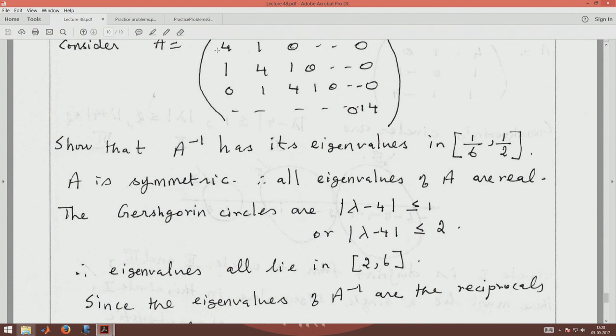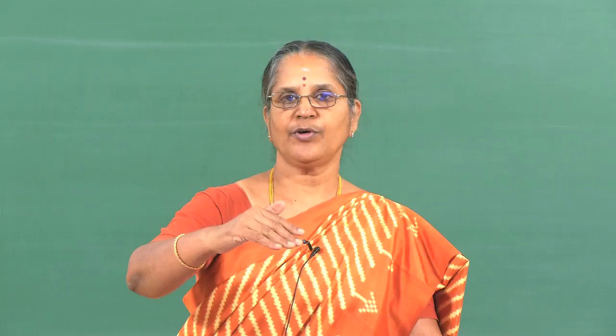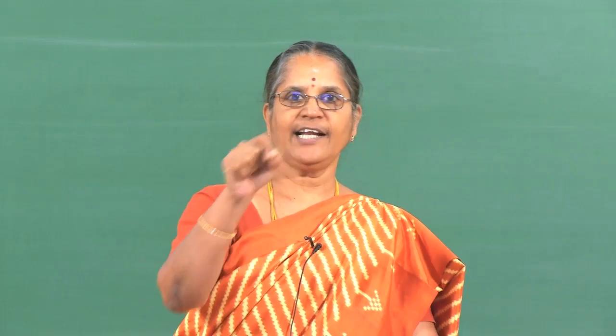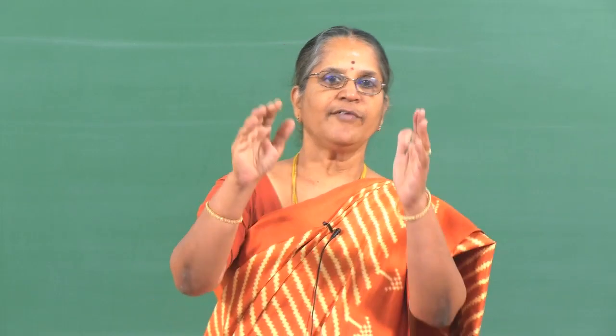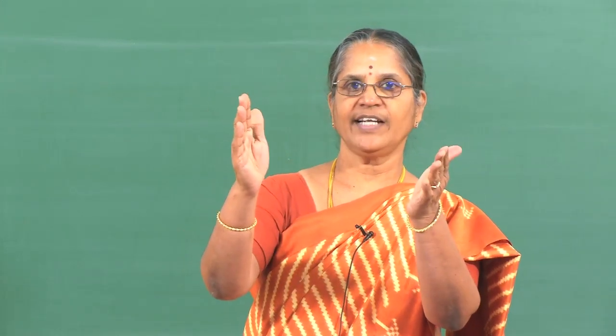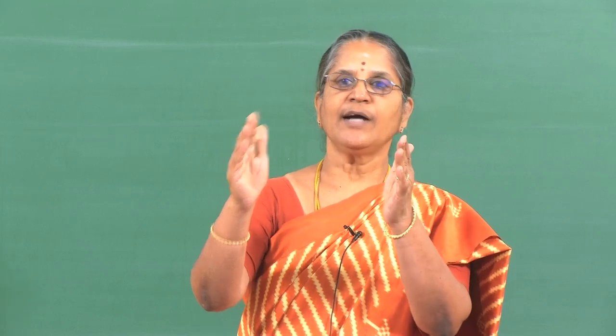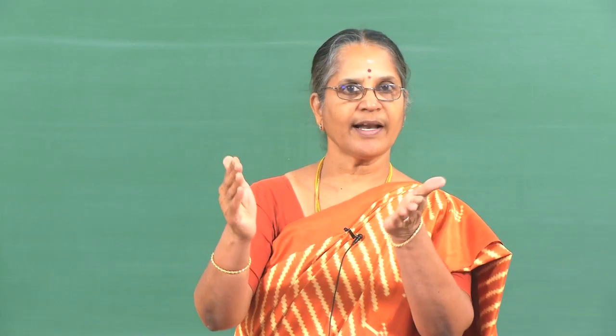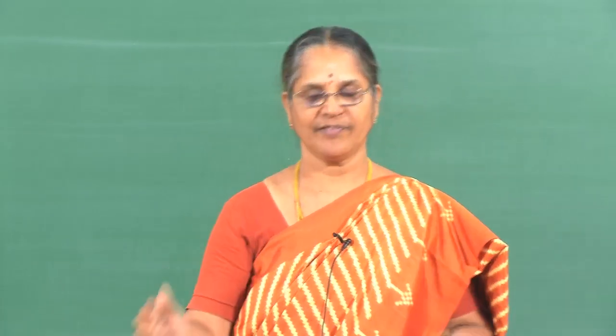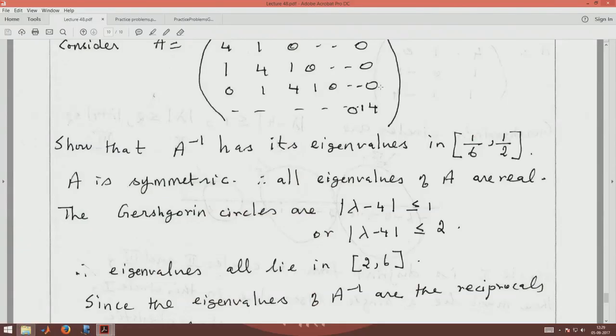Now, apply Gershgorin's theorem to all the other rows starting from the second row to the n minus 1th row. We observe that the diagonal entries are 4 and on either side of the diagonal entry, value 1 appears to the right of it and value 1 appears to the left of it, and hence we get modulus of lambda minus 4 less than or equal to 2 to be the Gershgorin circles.